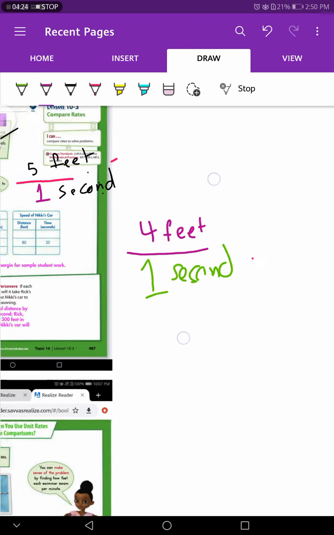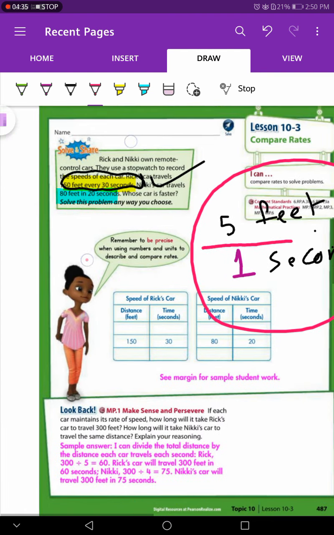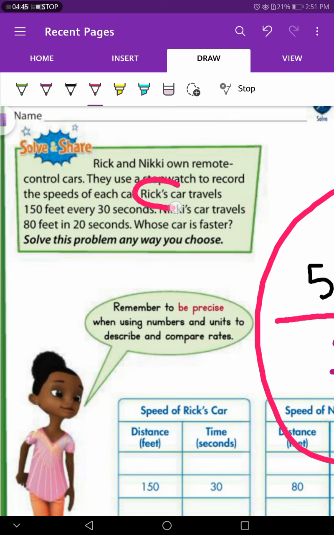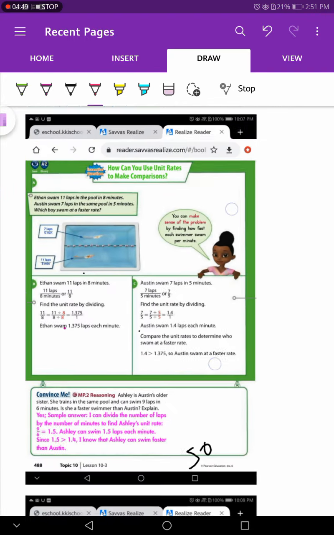Which is faster? 5 feet in 1 second or 4 feet in 1 second? So it is 5 feet in 1 second. So the first car, which is Ricky's car, is faster.